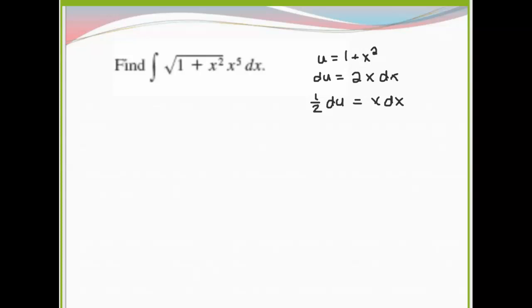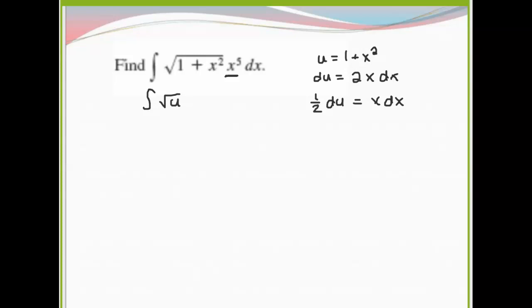But this x is to what power? The 5th. Well, that puts a damper on things. I don't have a variable to the 5th. So if I replace everything exactly as it is now, I'd get the square root of u.